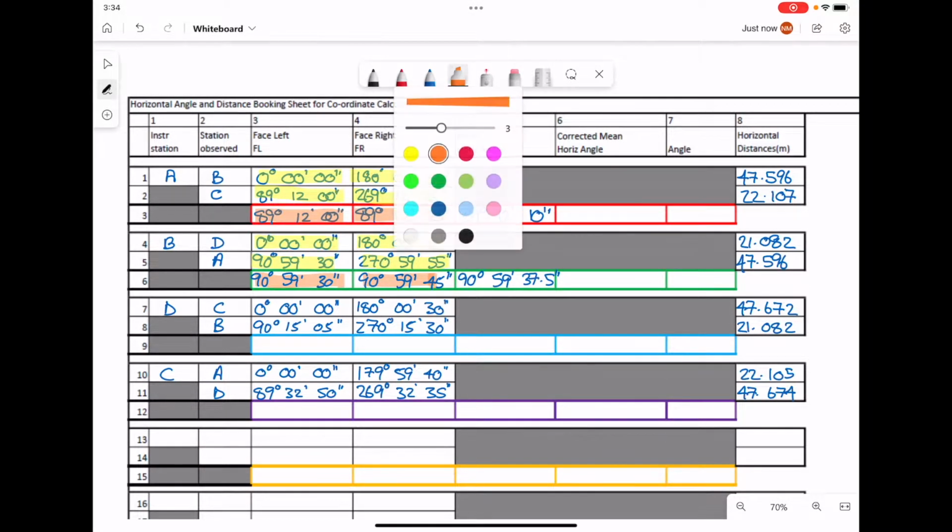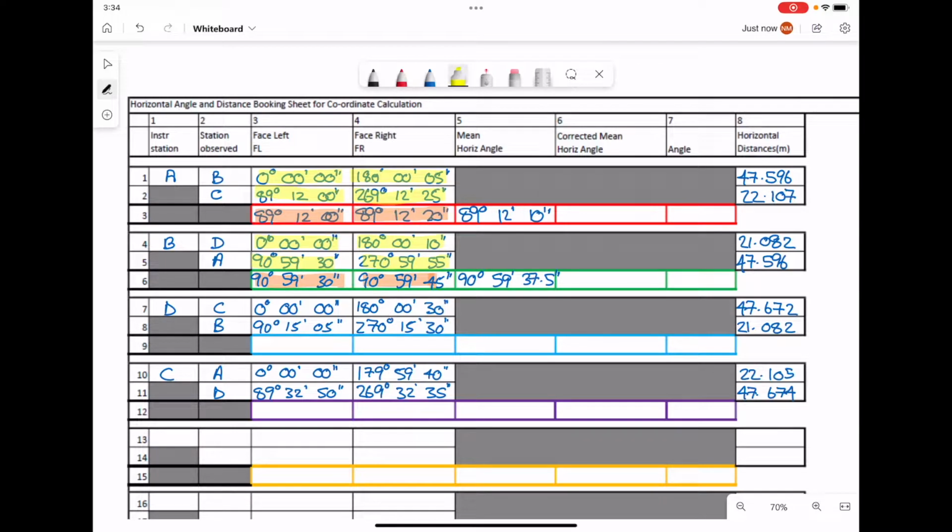Repeat again for the set of angles at station D. Work out the difference, place the difference beneath. Work out the difference face right, place the difference beneath. Then work out the average angle and place it under the mean horizontal angle.